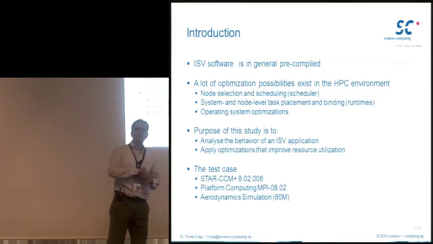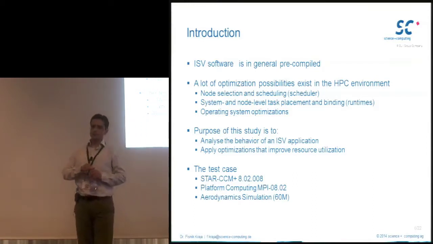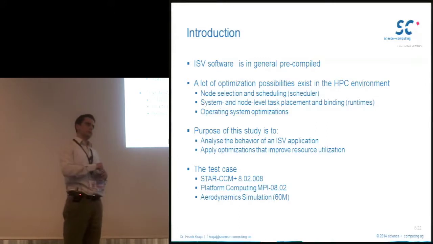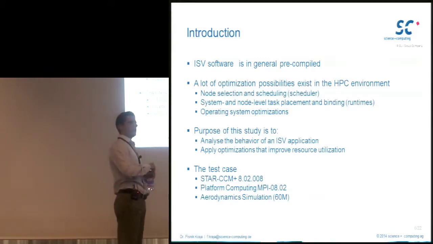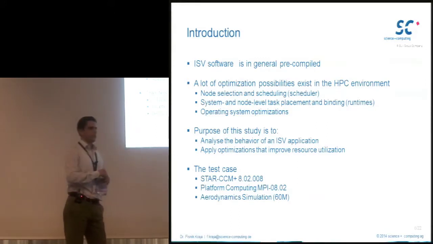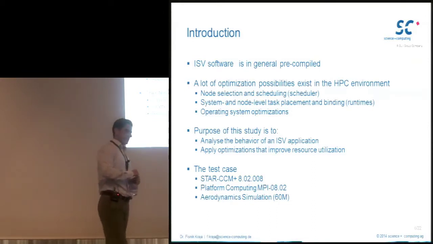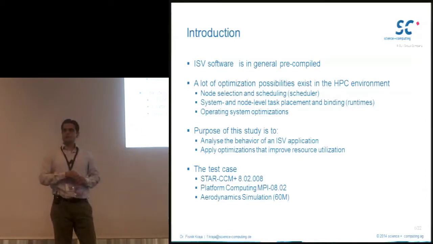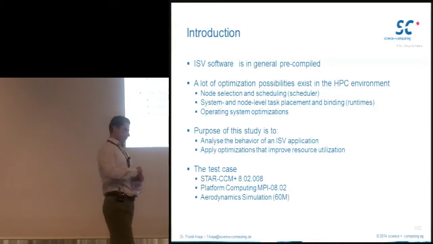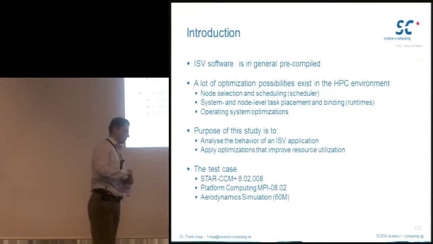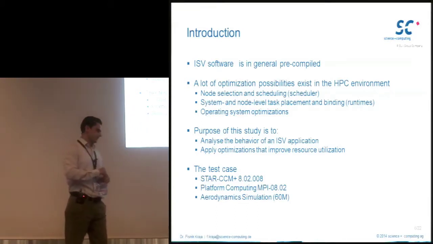And you have in a system a lot of different jobs, and you have also heterogeneous systems with different types of nodes, with different types of CPUs, with different types of RAM DIMMs, with different types of RAM space, and you really, when you start executing an application, you don't know which one to choose. And that's why you need to do some profiling and some kind of optimization that comes afterwards.